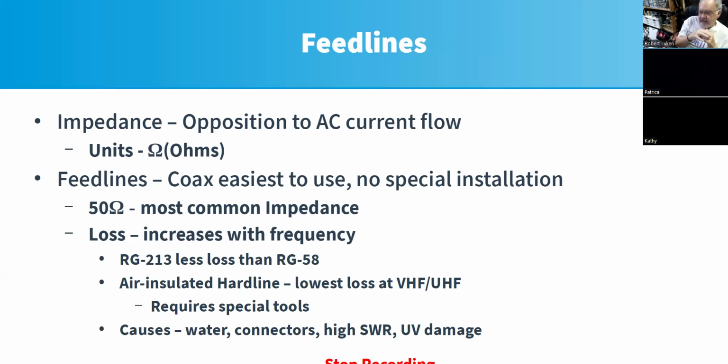In most cases, it's 50 ohms or very close, 50.1 sometimes you see. That's measured by the impedance you would see if you were looking into that feed line if it was infinitely long.